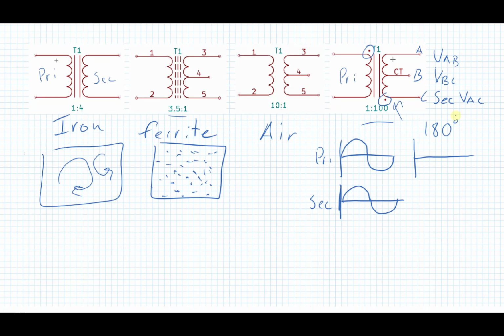That mutual inductance effect is still happening, but if you measure the A to C pin, you could see it's 180 degrees out of phase with the primary, and so that would look like this. That's the only difference: when the windings are opposite, it flips the phase, so it's 180 degrees out of phase.